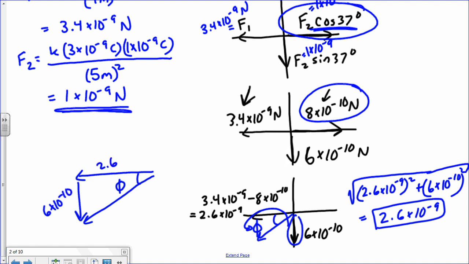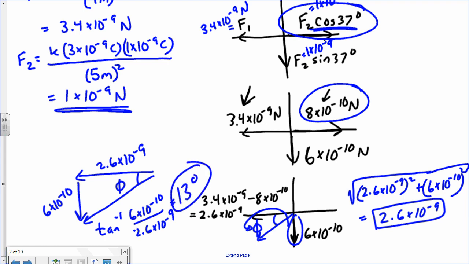This is 2.6 times 10 to the minus 9, and I just do the inverse tan of opposite over adjacent. That's 6 times 10 to the minus 10. It's going to be a really small angle, I think. I get 13 degrees. And then that's the answer. 13 degrees below the negative x-axis.